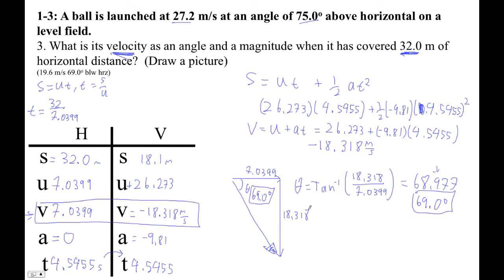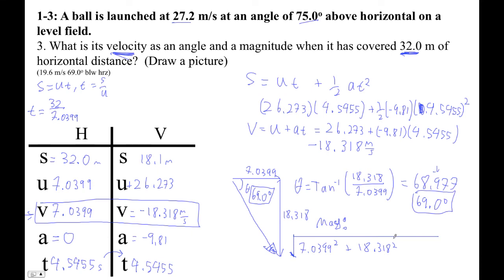And then the magnitude of this is going to be the square root of 7.0399 squared plus 18.318 squared.